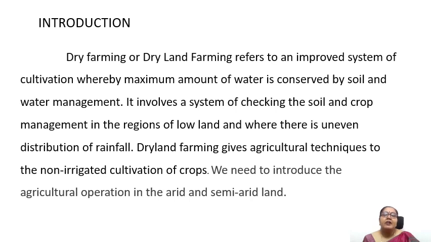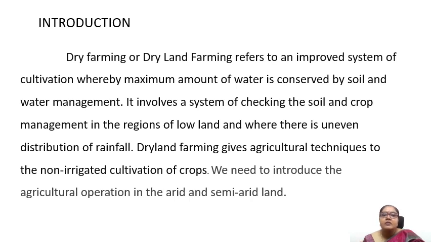Dry farming or dryland farming refers to an improved system of cultivation whereby the maximum amount of water is absorbed and conserved by the soil.